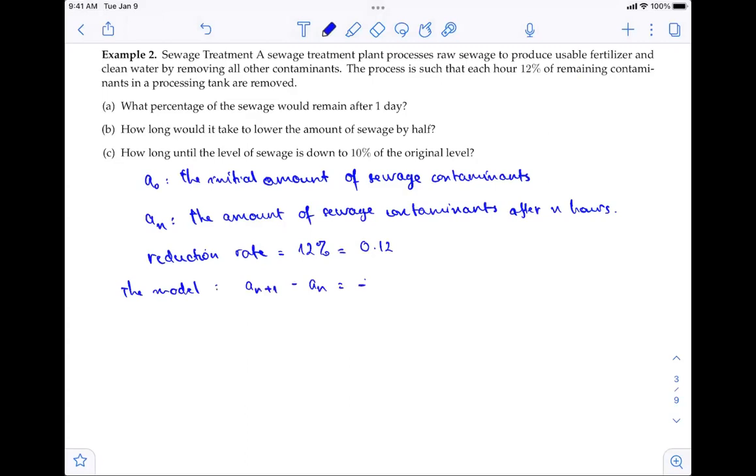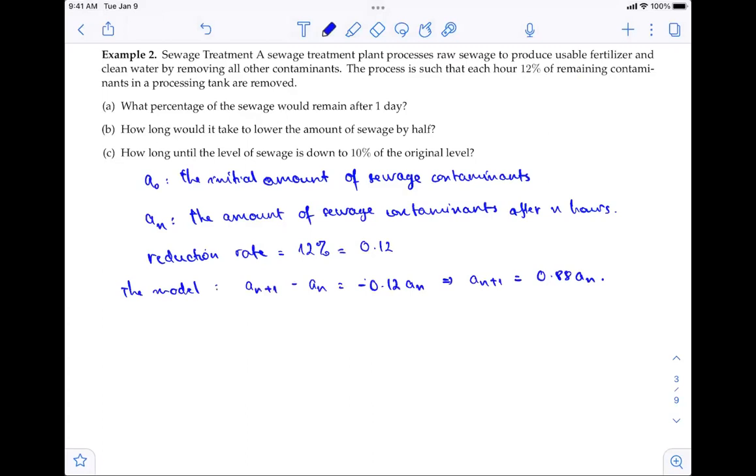Or you can solve for a sub n plus 1. That is going to be 0.88 a sub n. So this is the linear dynamical system.